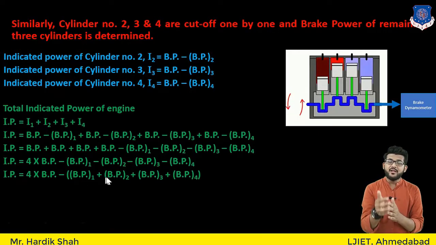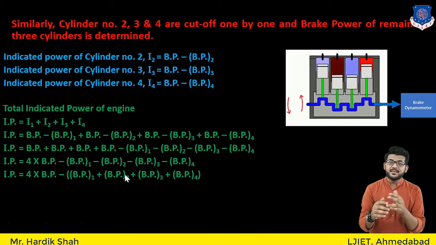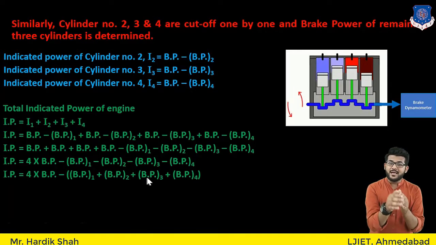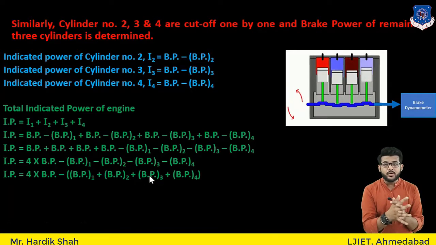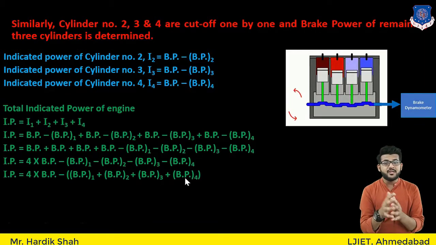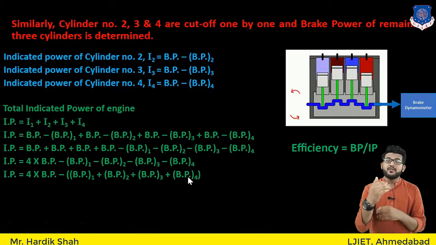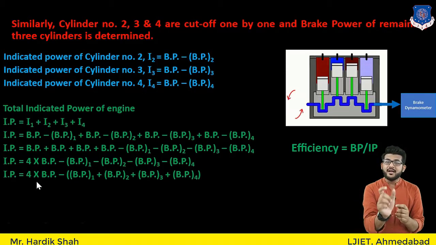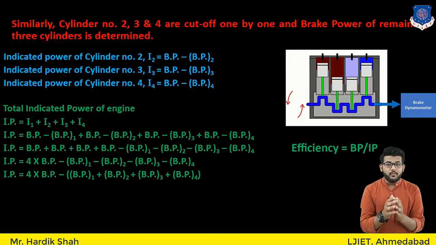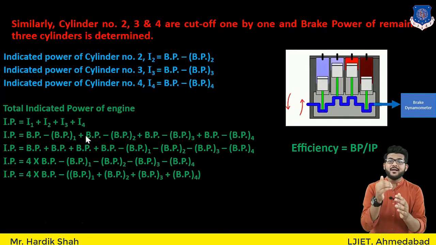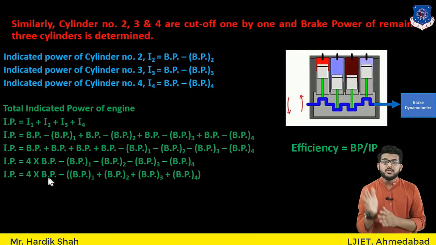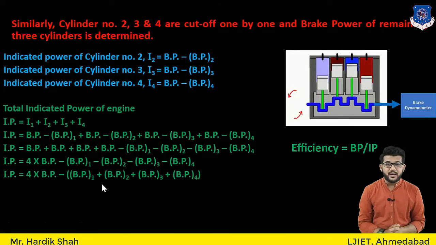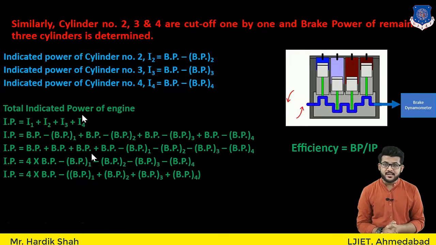Okay. So we will get this IP, that is IP1 plus IP2 plus IP3 plus IP4, and thereafter we can also find the brake power that is already given. So we can find the efficiency of the engine. Okay. So by cutting off each cylinder one by one, we can get this formula and we can get the indicated power of the whole engine. Okay. So we have calculated in this manner and this is called the Morse test. Okay.